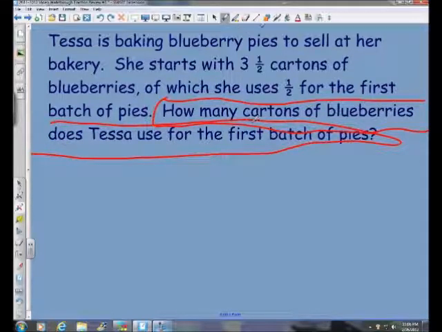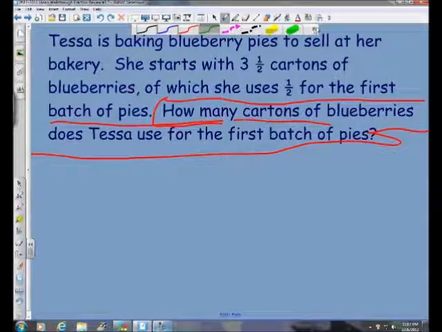Ooh, I'll erase some of that, it overlapped a little bit. So it's asking us how much she used for the first batch of pies. Let's go through sentence by sentence. Now, okay, she's baking blueberry pies to sell at her bakery. Story information, not much math to deal with there, none really.